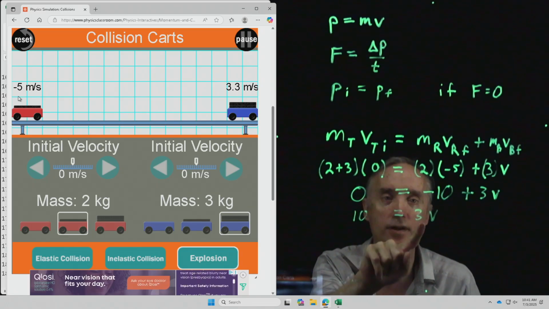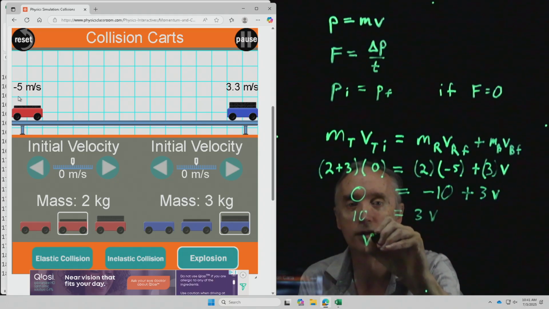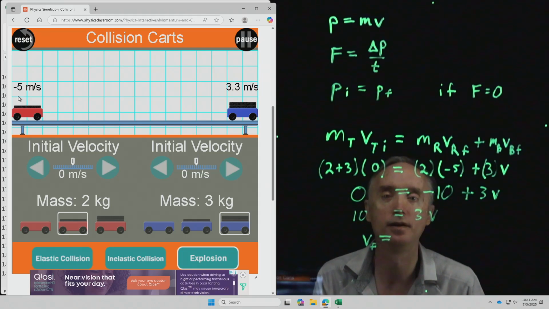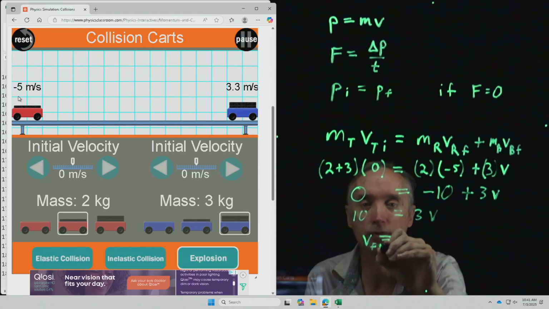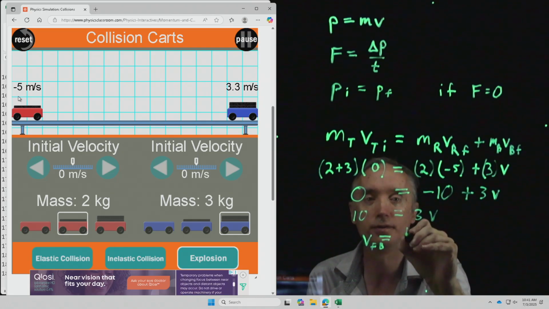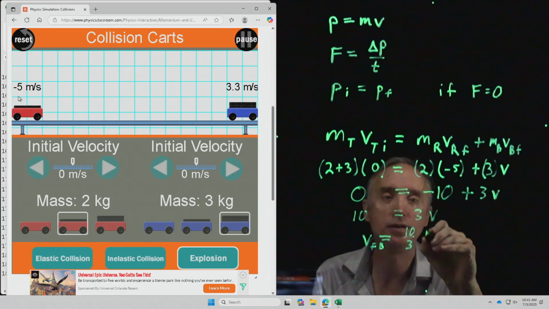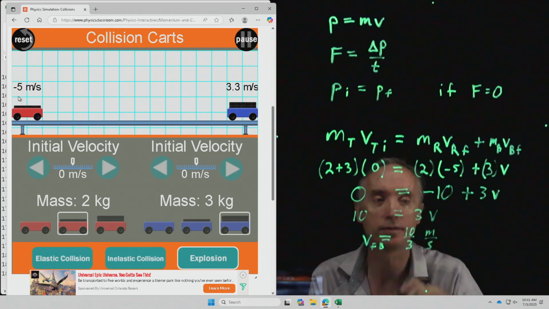And then take the 3 over to the other side. And then you're going to finally end up with the final velocity of the blue car. So final B is going to be equal to 10 divided by 3, and then that's going to be meters per second.